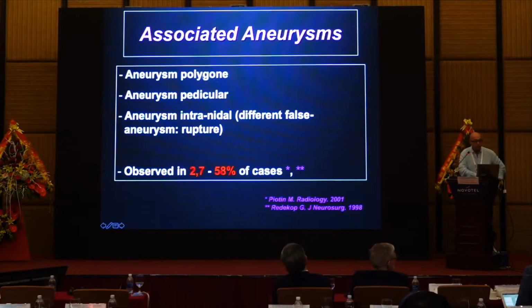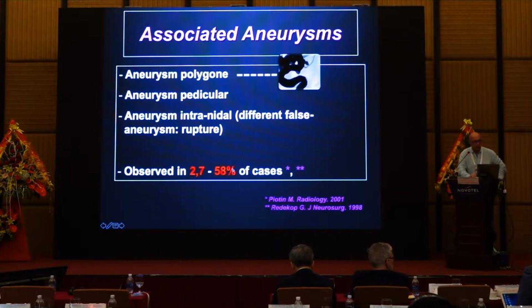You have aneurysms on the polygon, you have pedicular aneurysms, and you have intranidal aneurysms. These are completely different from the very classic aneurysm that we know. It is quite often seen inside the AVMs. So this is how they look.